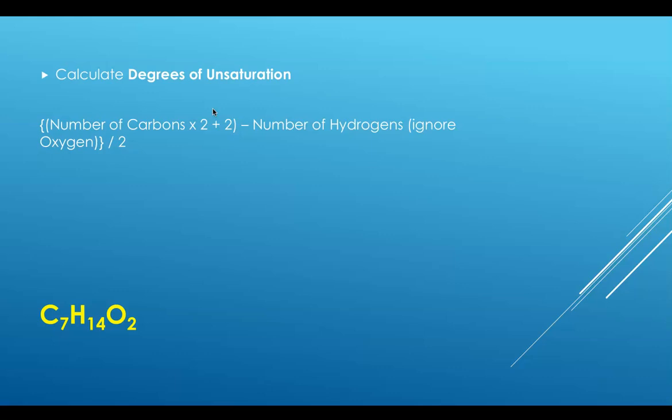Then we subtract the number of hydrogens that we have in the formula, and we simply ignore the oxygen, which can insert itself in between carbons. Then we divide that whole calculation by 2. So here we have 7 carbons times 2 plus 2, which is 14 plus 2, is 16, minus 14 is 2, divided by 2 is 1 degree of unsaturation.